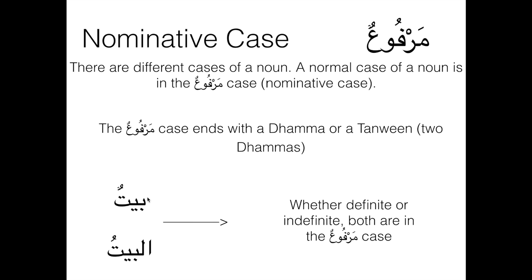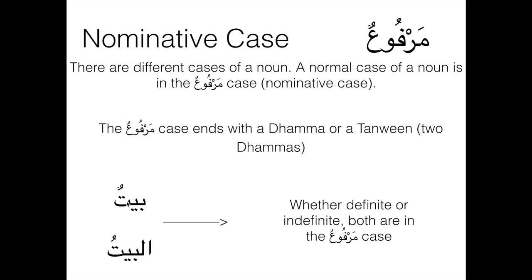Here are 2 examples: baytun, al-baytu. You'll see that it can either end with a dhamma or a tanween. So for now we learn that the marfu' case ends with a dhamma or a tanween. Tanween is the 2 dhammas.